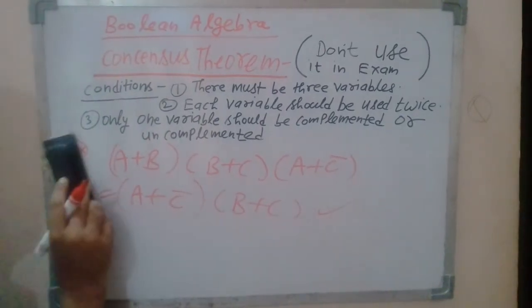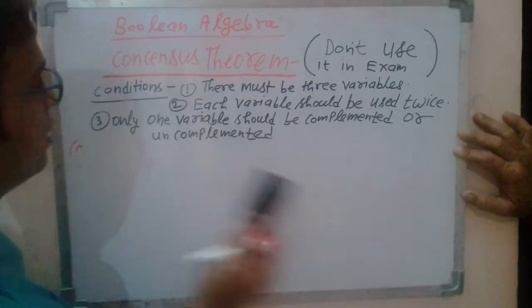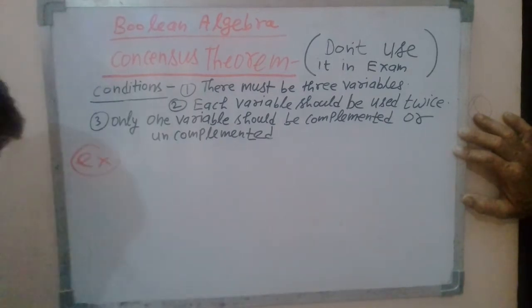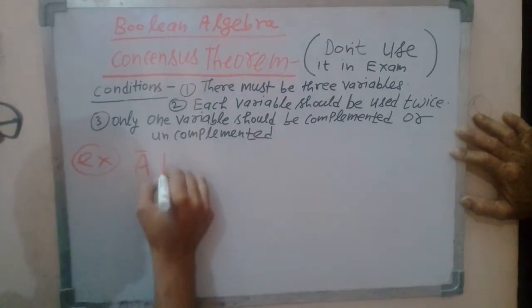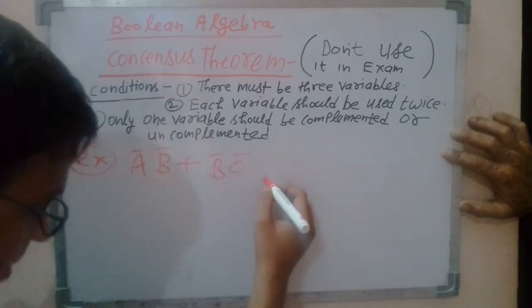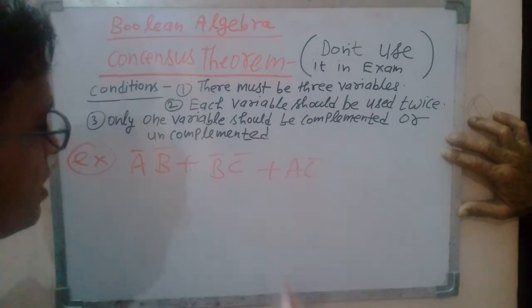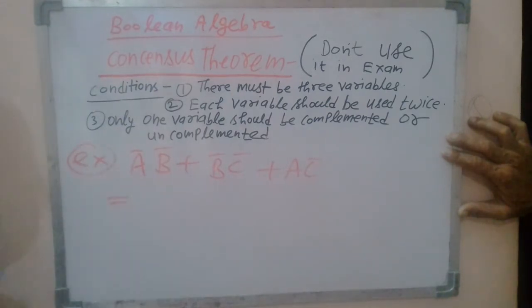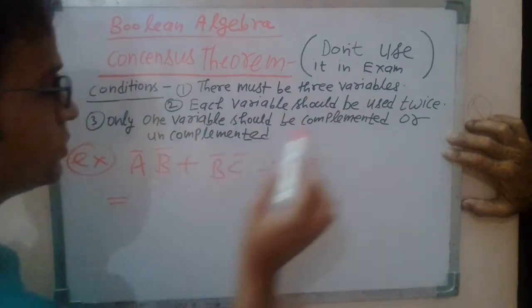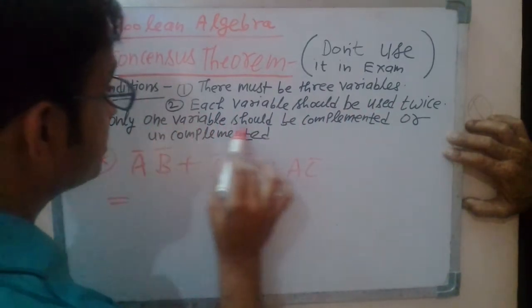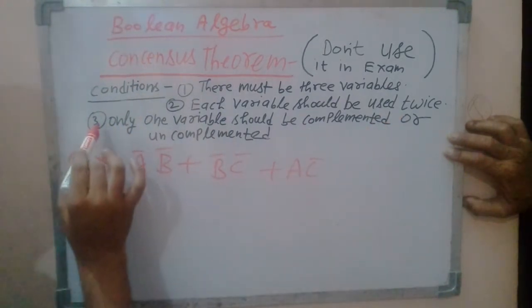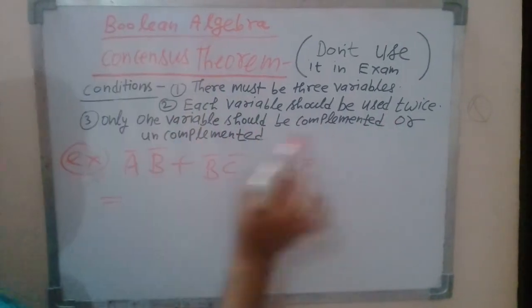Now another example, verify another example. See here: A bar B bar plus B bar C bar plus AC bar. Tell me what is the answer. First condition satisfied? Yes, there are 3 variables ABC. Second condition satisfied? Yes, each variable is used twice. Tell me whether the third condition is satisfied or not. Take a pause of a few seconds.